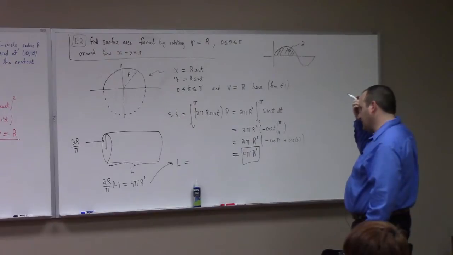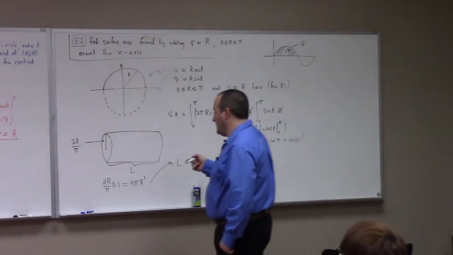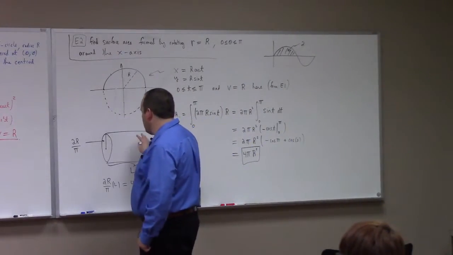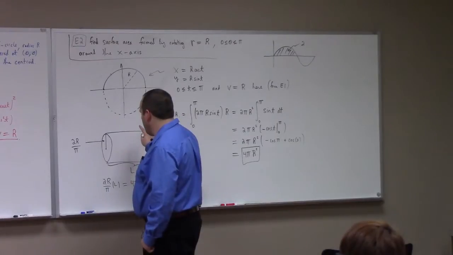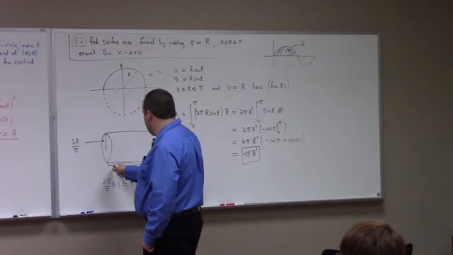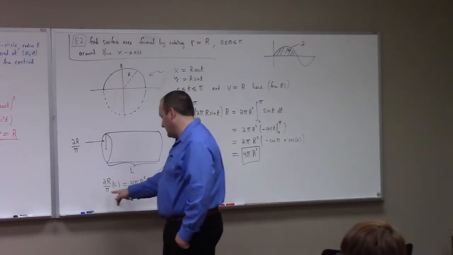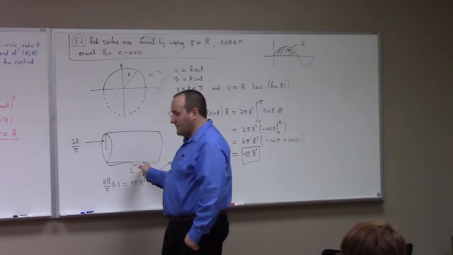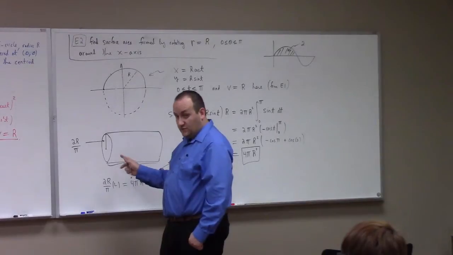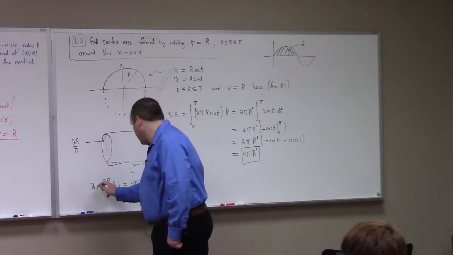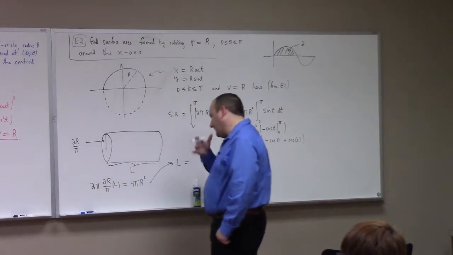I think I've done this wrong. What should the area of a cylinder with length L and radius 2r over pi be? It shouldn't be this. This is not the area yet. This is the radius times the length. I'm missing a 2 pi, right?